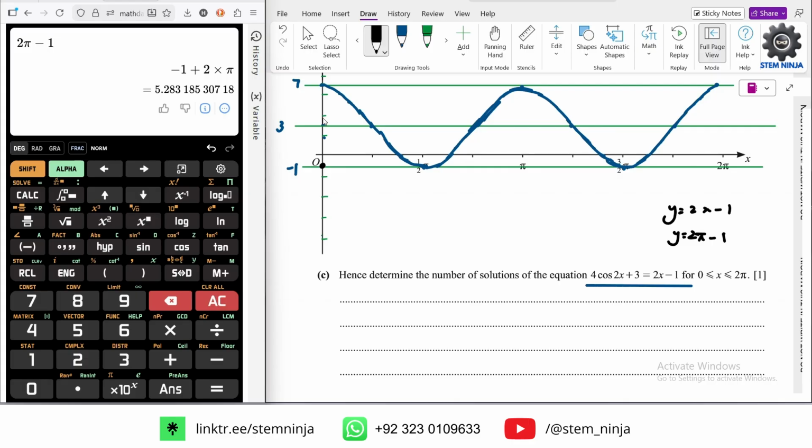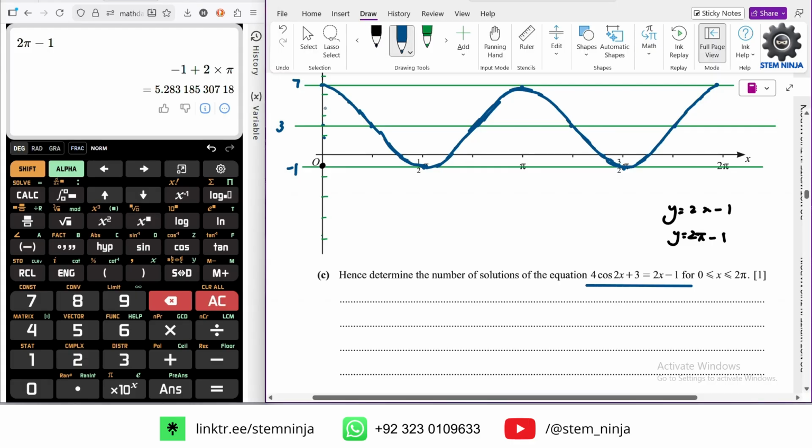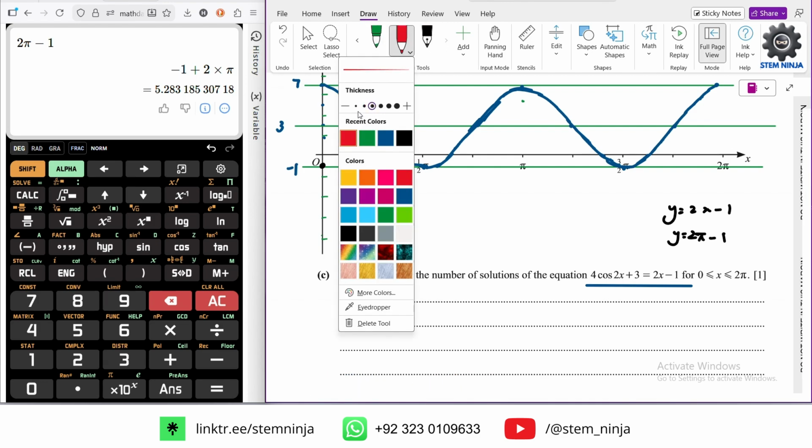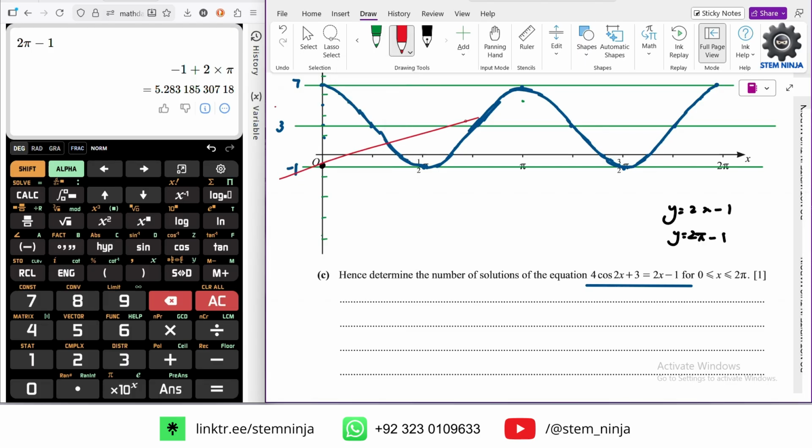So this is 3, this is 4, this is 5. So roughly somewhere over here. So if we sketch a line, somewhat like this, we have 1, 2, and 3. So 3 solutions.